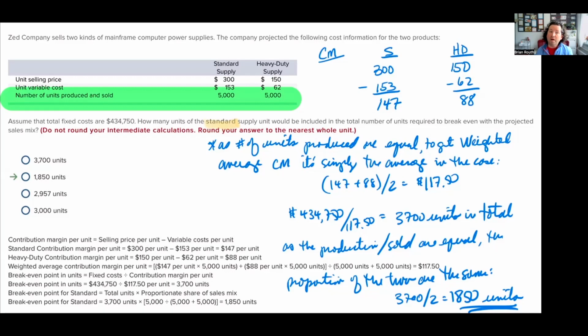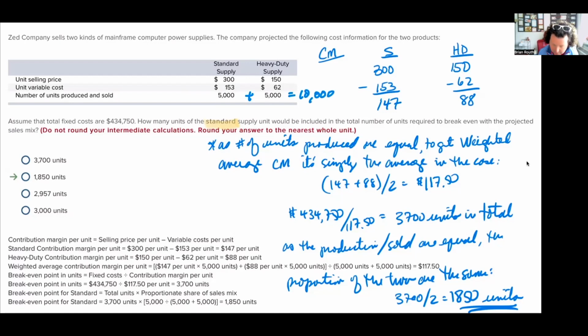So now that we've found the contribution margin for each type of product, we can find the weighted average contribution margin. To get our weighted average contribution margin per unit, we're going to take the number of units produced and sold of each one, which is 5,000 for both. We're going to add those together. That gives us a total of 10,000. So to get the proportion of each one, we take the amount of each one and divide that by the total.